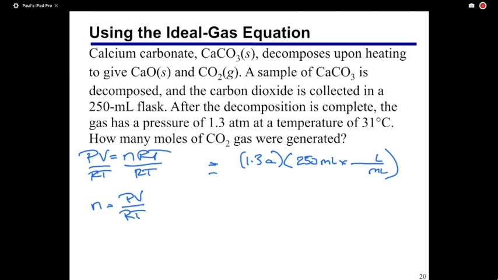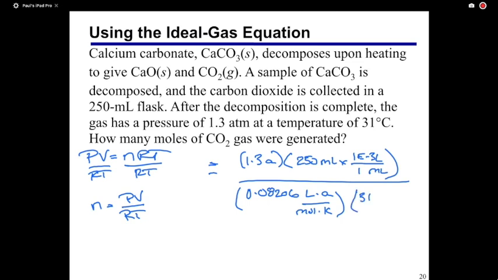1 mL is 1 e to the minus 3 liters, divided by, all right, R. Do you know that? You may not, but you need to. Liters times atmosphere over mole times Kelvin. Times, what is your temperature? 31 degrees Celsius.